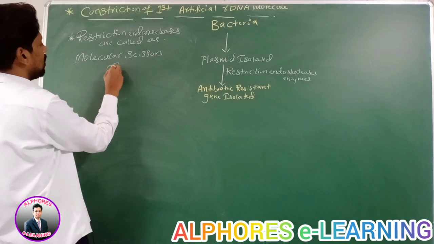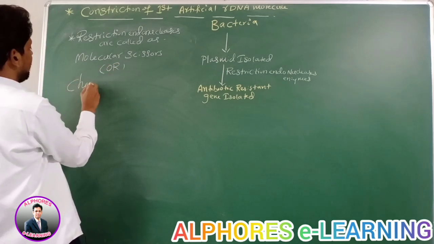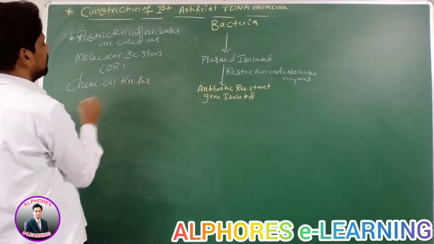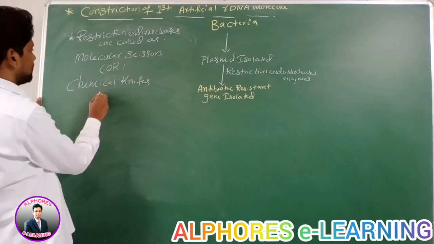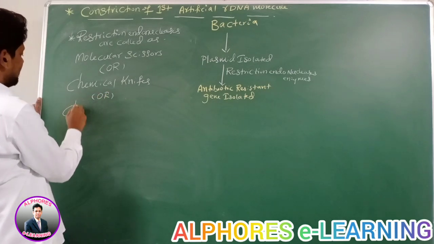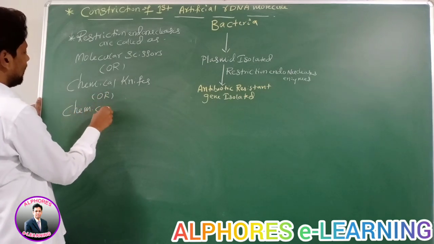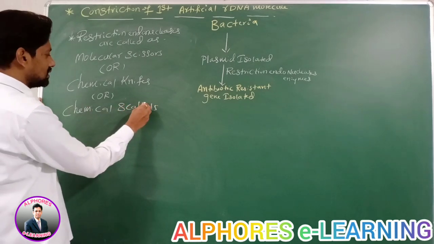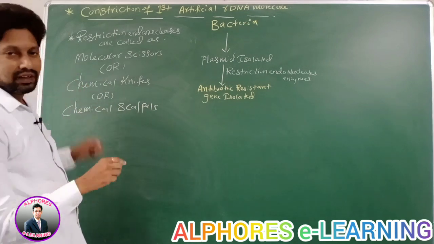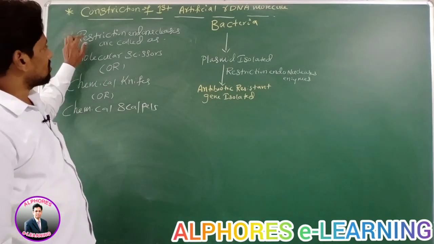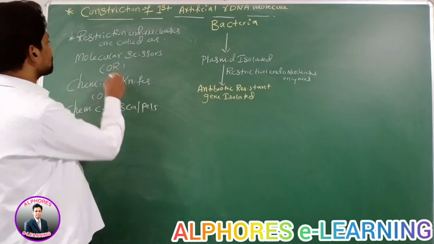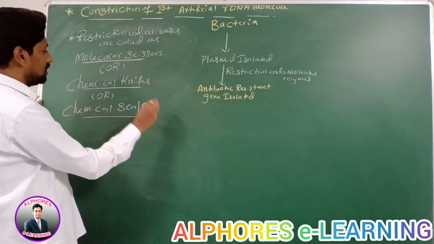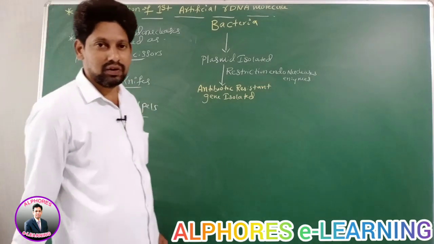They are also called chemical knives. Which knives, sir? Chemical knives. They are also called chemical scalpels. Is it okay? Therefore, restriction endonucleases are also called molecular scissors or chemical knives or chemical scalpels. Is this statement okay?